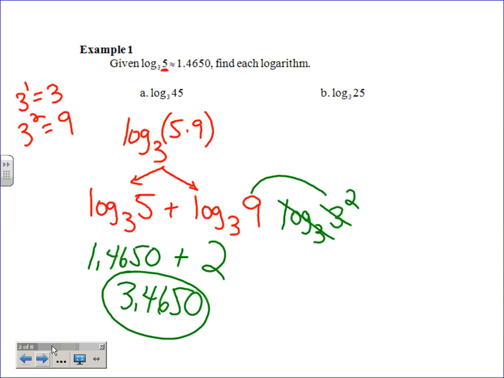So let's see. What this is saying is that 3 to this power is going to give me 45. Is that believable? Because 3 to the third is 27. 3 to the fourth is 81. So do you agree 3.46 is somewhere in between these two exponents?